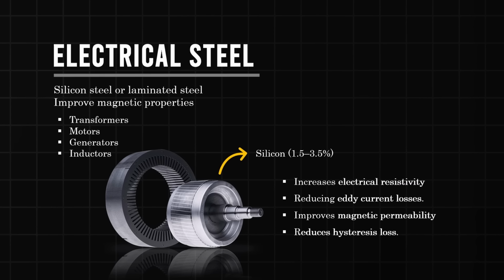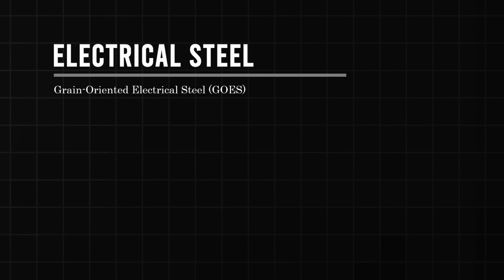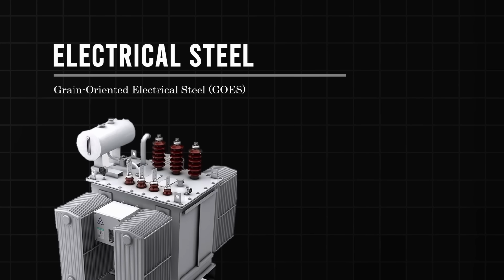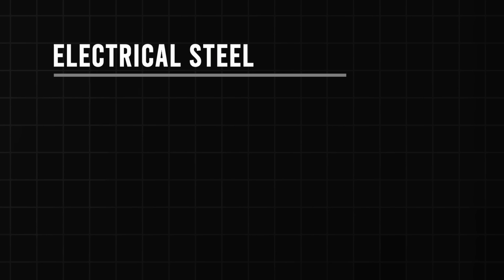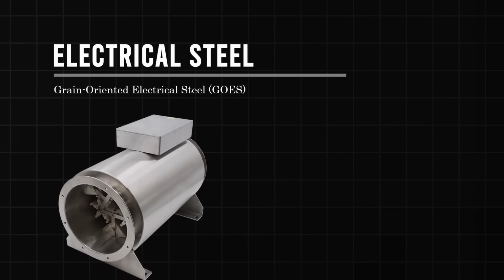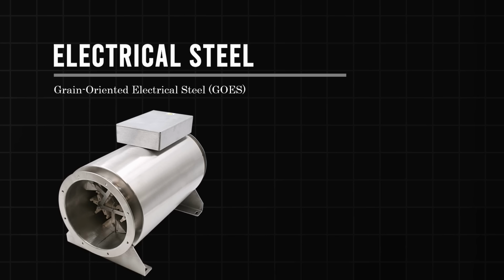There are typically two types. One is grain-oriented electrical steel. Magnetic properties are optimized only in one direction, the rolling direction, mainly used in transformer cores, and the popular grades are M3, M4, M5, M6. And second is non-grain oriented electrical steel.